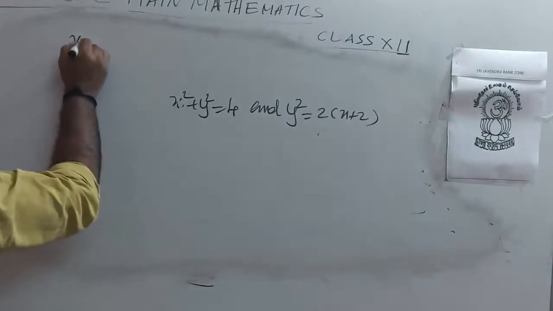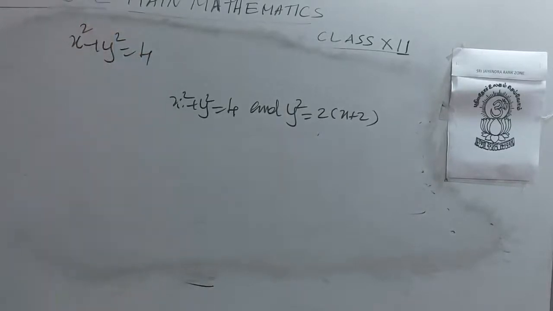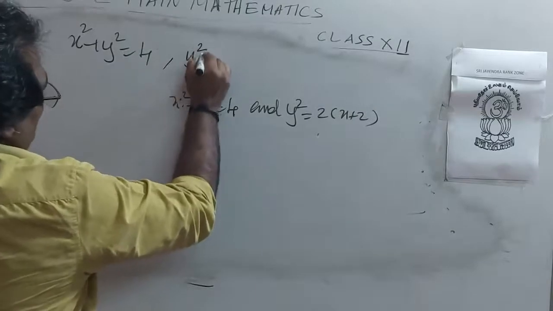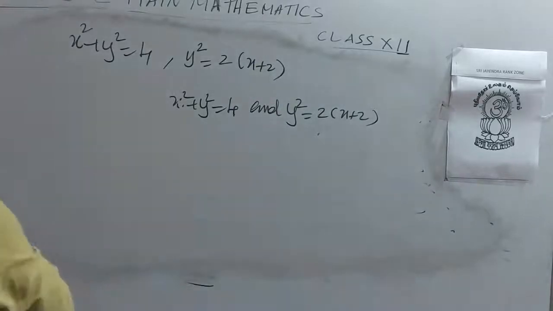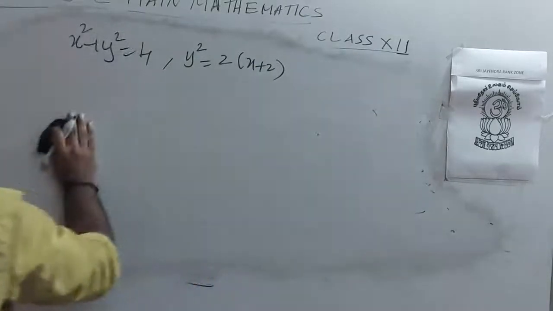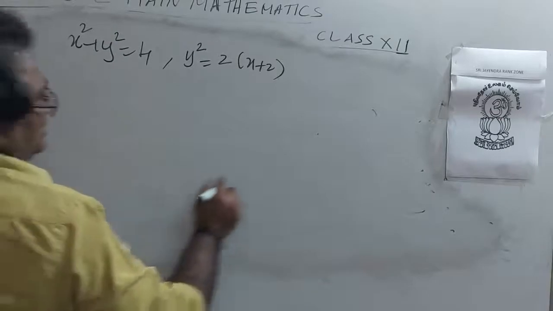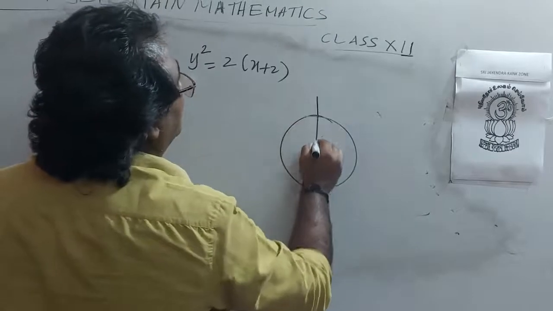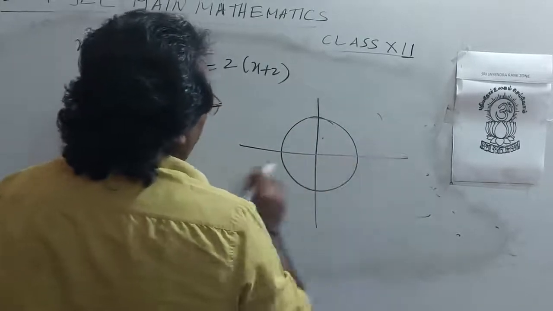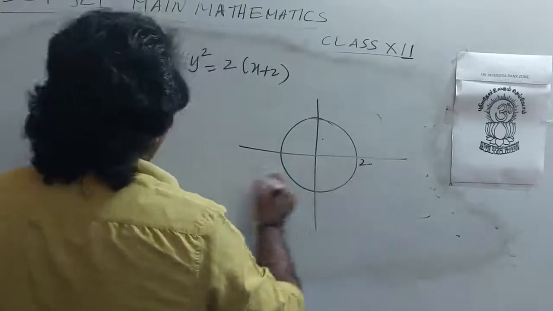So x squared plus y squared equal to 4, y squared equal to 2 into x plus 2. x squared plus y squared equal to 4 means a circle with center 0, 0, radius 2 units.